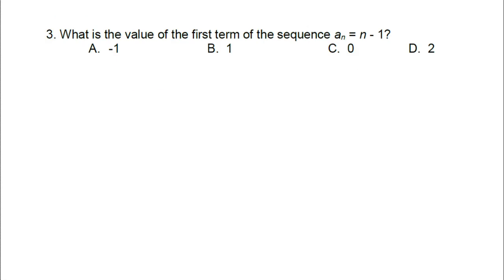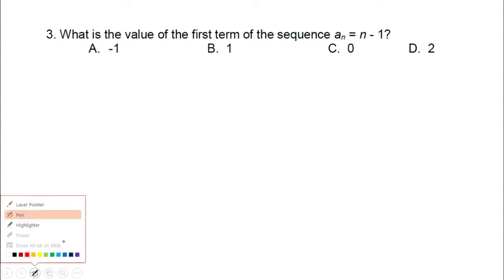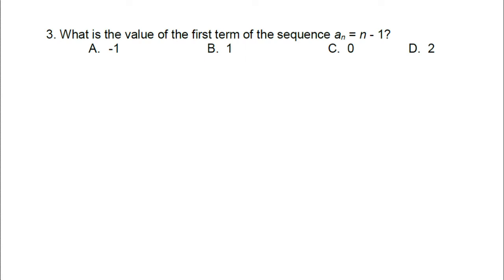Number 3, what is the value of the first term of the sequence a sub n equals n minus 1? In this particular problem, let's have the notation for the sequence. The notation for a sequence is given by a sub n, where a sub n is the term and n here is the term number.